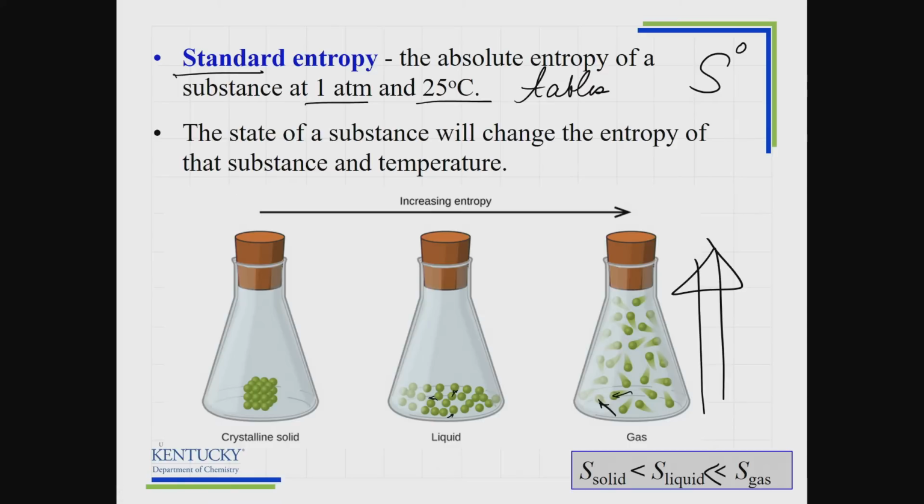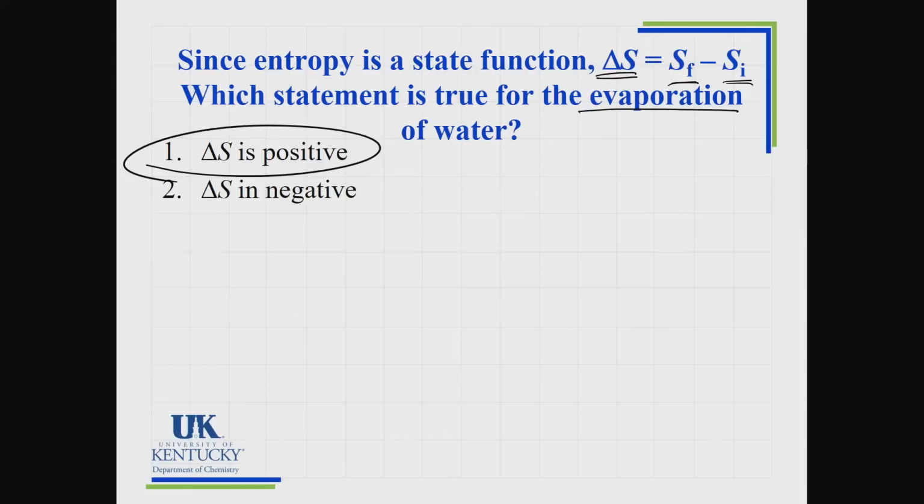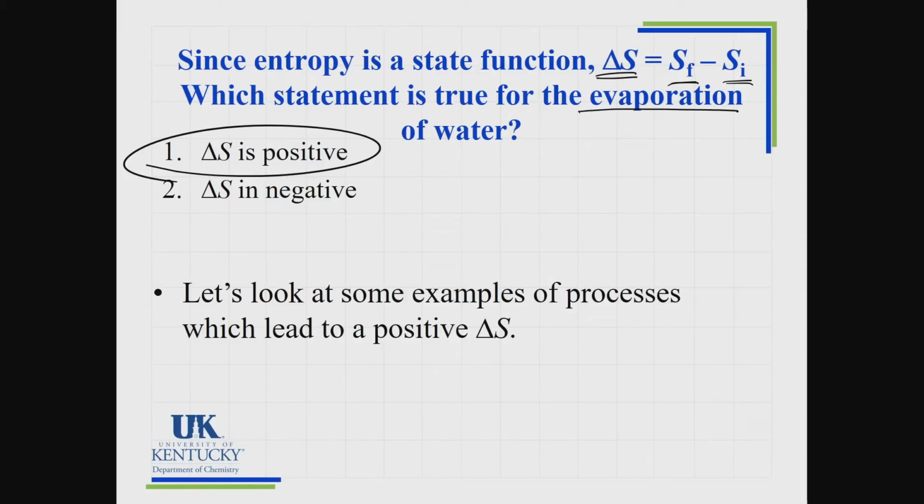If we look back at our picture, it's going this way, right? It's a big number minus a smaller number. Okay, big minus small is a positive value. Anytime something gets bigger, it is a positive change.